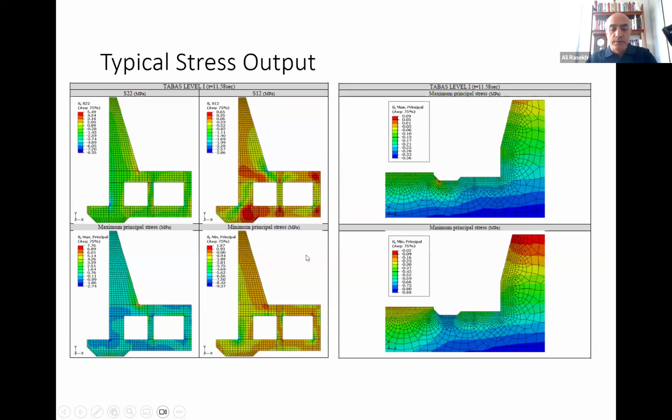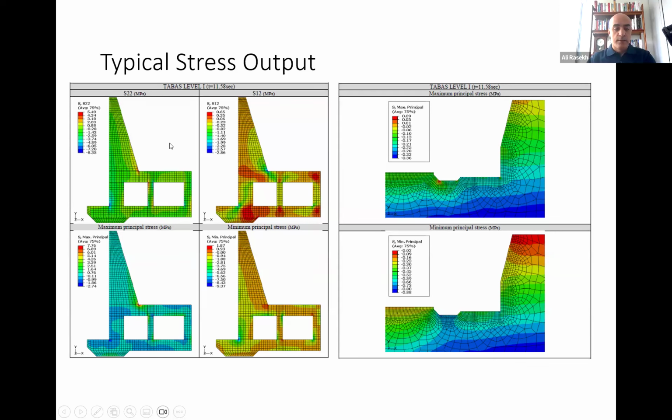Okay, yeah, probably this is more visible even for me. I couldn't read it. So these are different stresses to look at and conclude about the structural safety in a way. Probably the S22 was vertical, so the vertical direction stresses, maximum positive numbers probably show tension. This is Abaqus software.